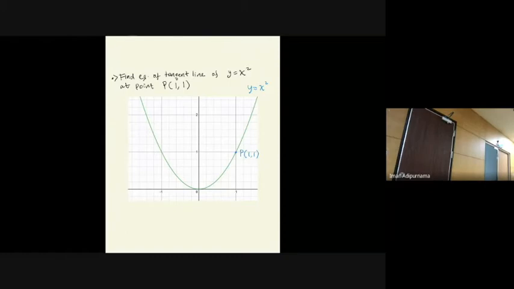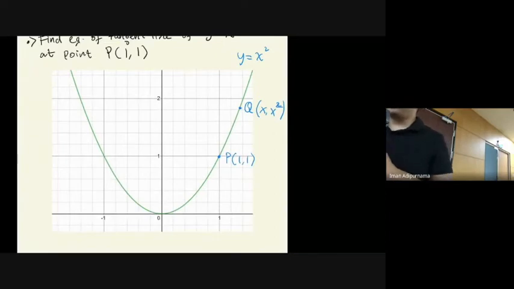If you don't know any limits or derivatives, this is pretty much what you would do. Let's say you have another point here, Q, with coordinates x and x squared according to the function.